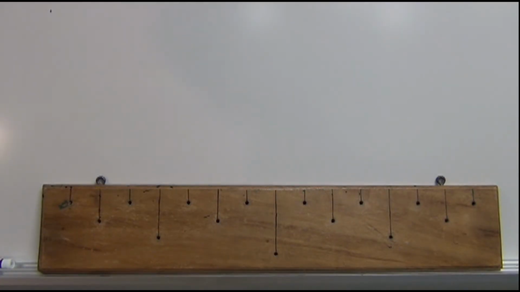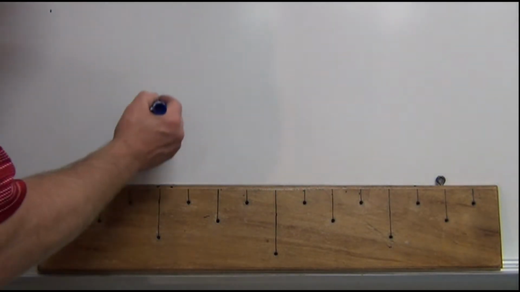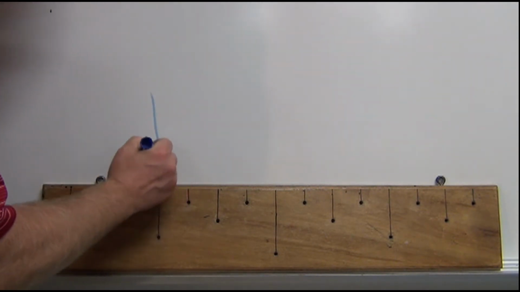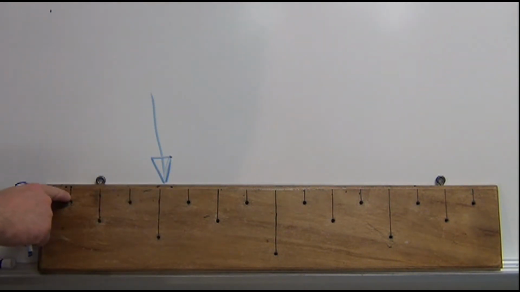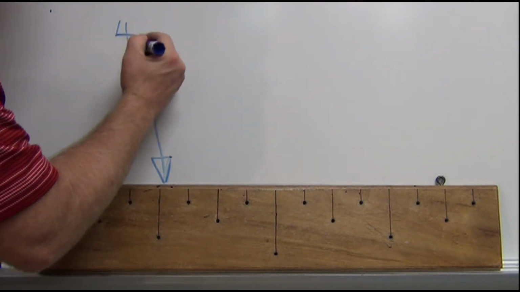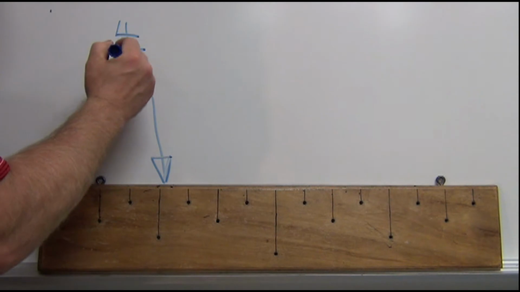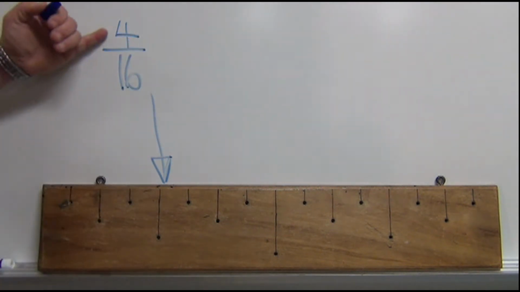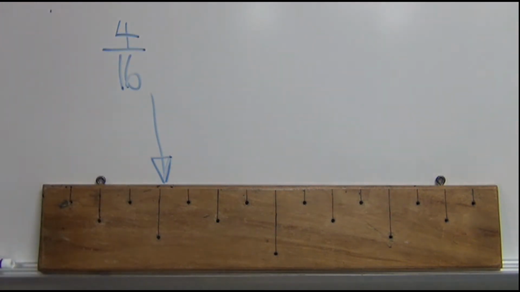Let's do another one. Let's take a look at this one right here. Let's count. 1, 2, 3, 4. We place 4 over 16. We look at our numerator and we identify that it is an even number.